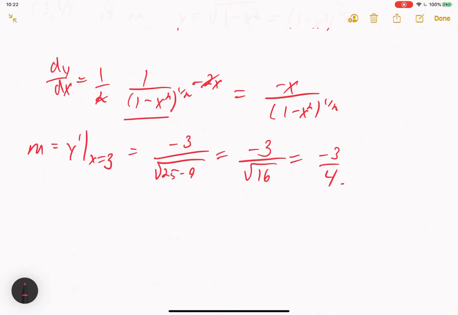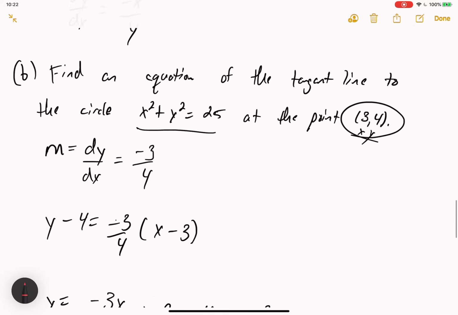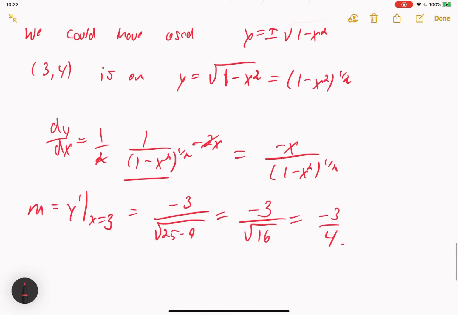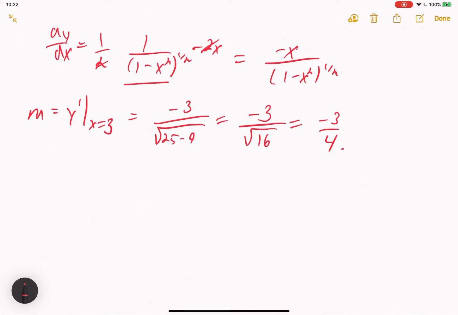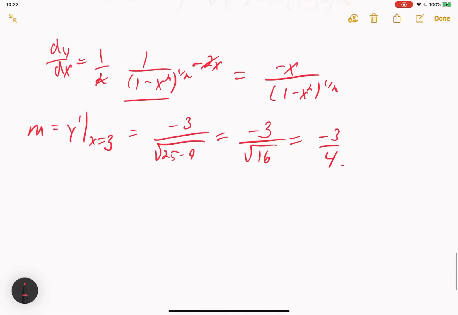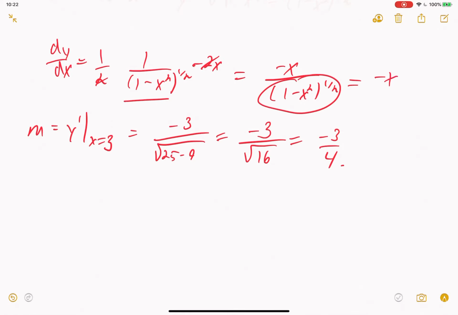We could have used implicit differentiation, or in the cases where we can explicitly solve for y, we could solve for y and then take a derivative. But sometimes implicit differentiation is easier to do. If you notice, right here, this is equal to our y, so this is the same thing as just negative x over y.